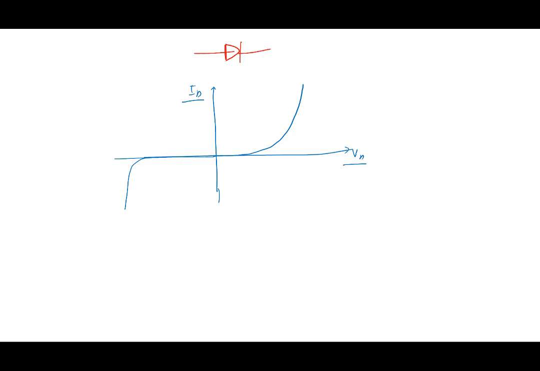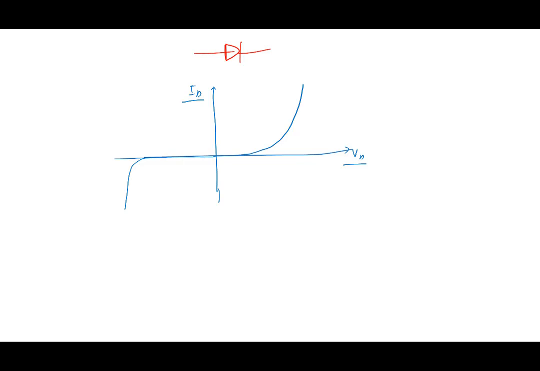If somebody gives you a graph like this, what would you conclude? What conclusions can you draw? When you look at a graph, some conclusions you have to draw, right? Looking at the data. It's an active region.